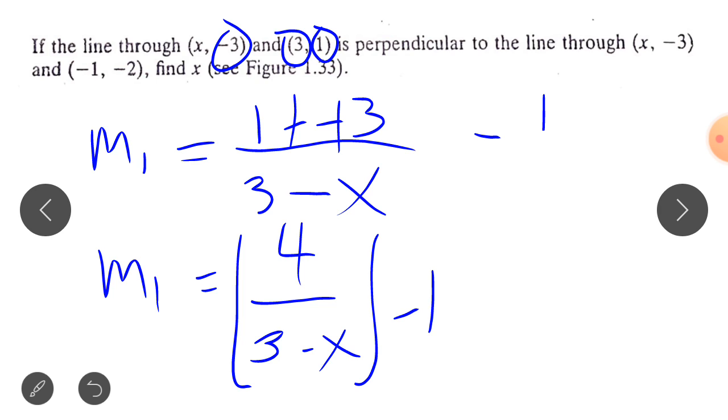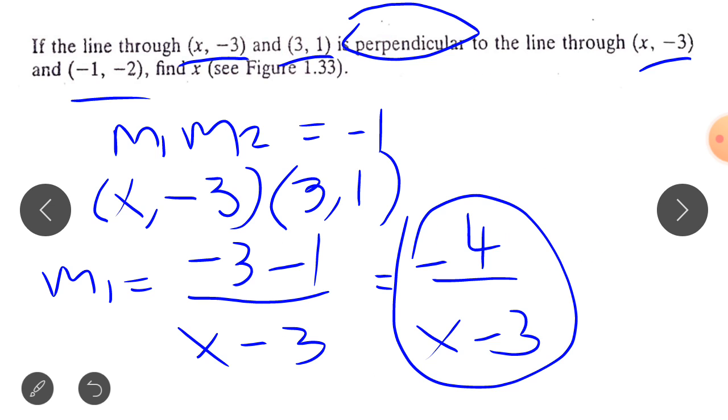So it will become negative 4 over negative 3 plus x, or x minus 3. It's the same as this one, but this is much simpler, since y sub 1 minus y sub 2 is also possible instead of y sub 2 minus y sub 1. We just proved that you can use either equation as long as you arrive at the same answer.